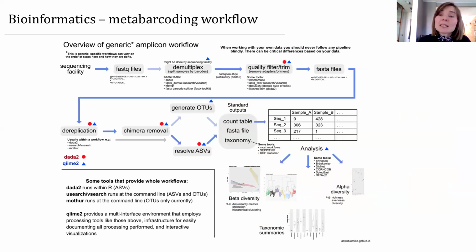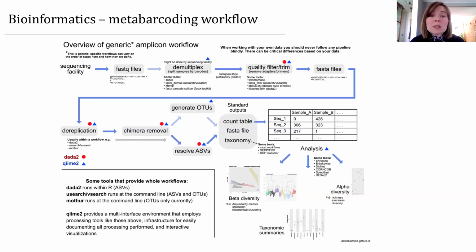The next part, when you get your sequencing data, is that you need to do bioinformatic analysis. I don't want you to analyze this or to learn this. I just would like to show you the typical workflow, to show that it's quite complex, because it contains multiple steps of analysis. First, multiplexing means that you need to identify from which of your samples the sequence comes.